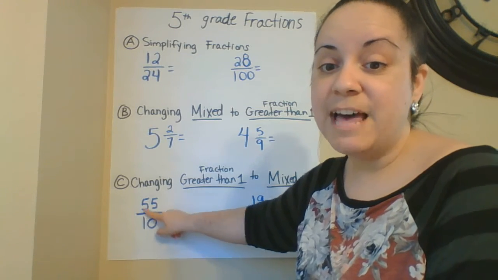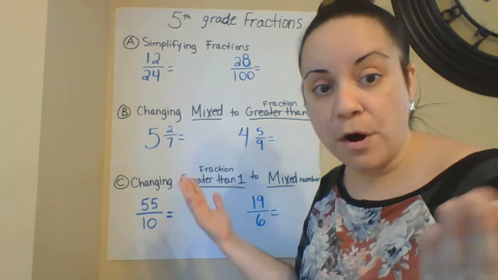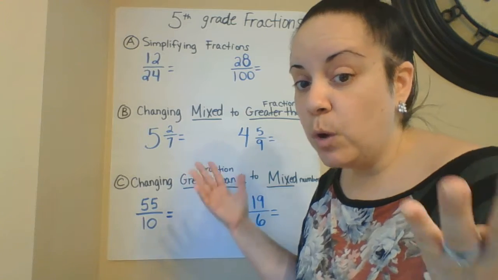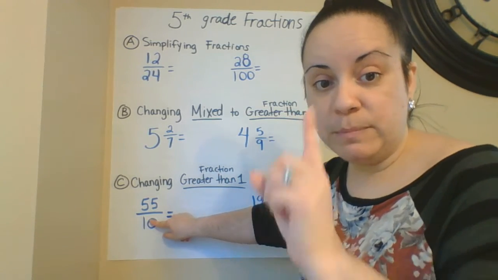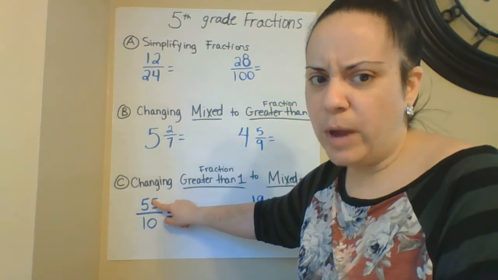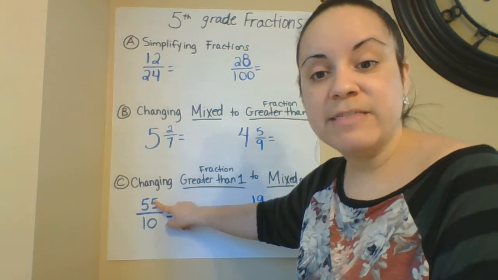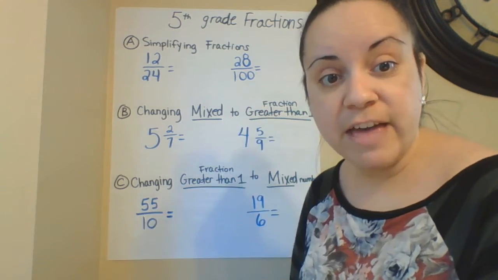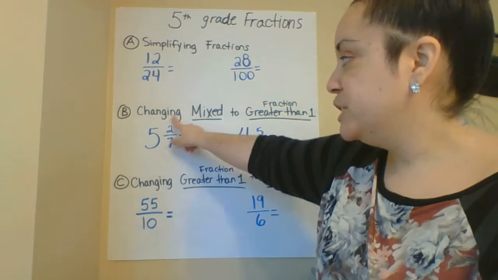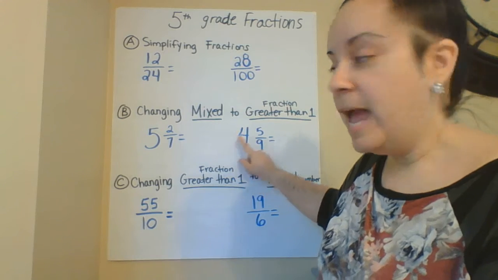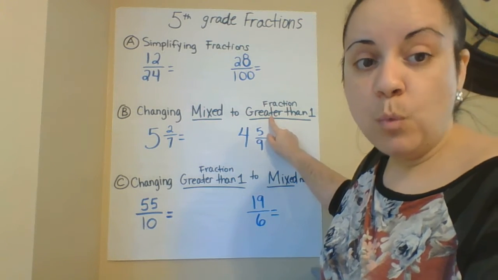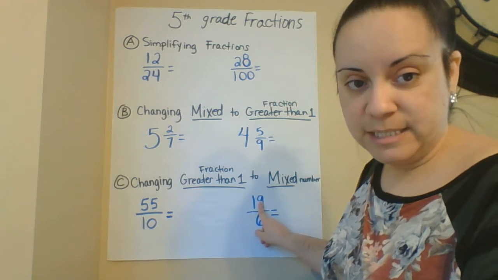So that means this fraction is more than 1, because 10 over 10 would be 1 whole, but this is way more than 10. So that's why this is more than 1. So we're changing a mixed number that looks like this to a fraction greater than 1 that looks like this.